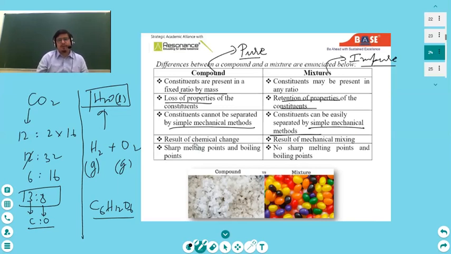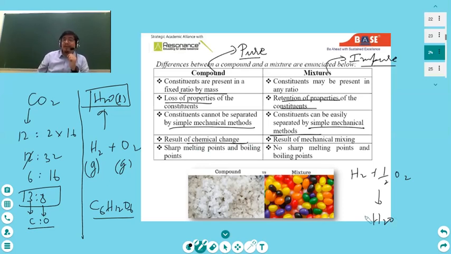Fourth point, compounds are formed due to chemical changes or chemical reactions. For example, if I write water production, I write hydrogen, H2, I write half O2. What I get is water. With this, some energy is released. I will tell this later. This is water. This looks simple, but it is not that simple.